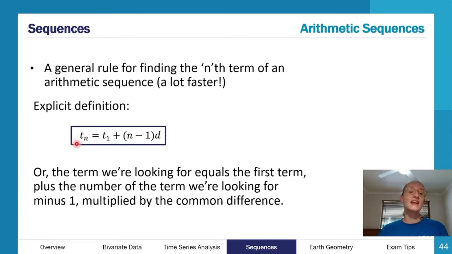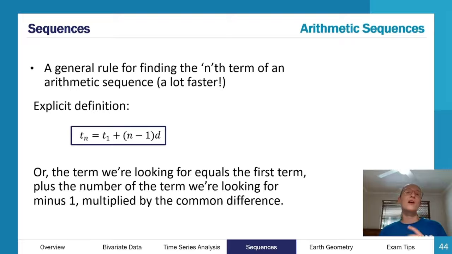So again, Tn, the term we're looking for, is equal to T1, our first term, plus the number of the term we're looking for, minus 1, multiplied by the common difference. That's our formula.